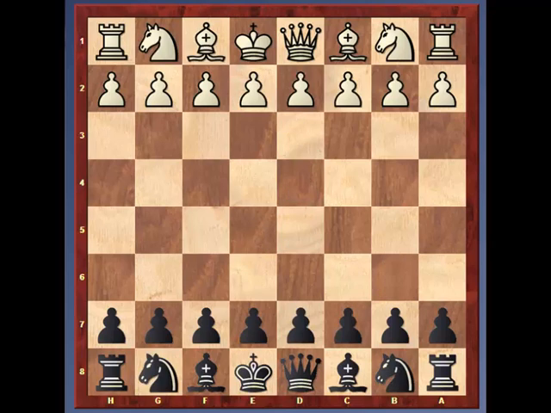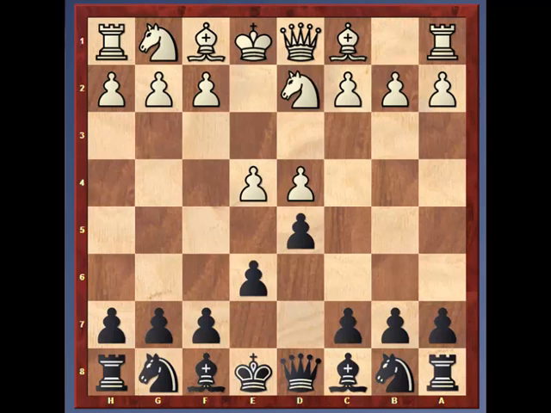this is the open variation of the Tarrasch. Extended through as the Iliskasis variation. Another option. So back again to Iliskasis.